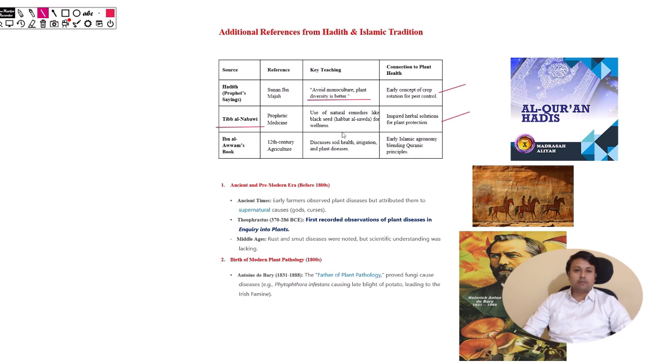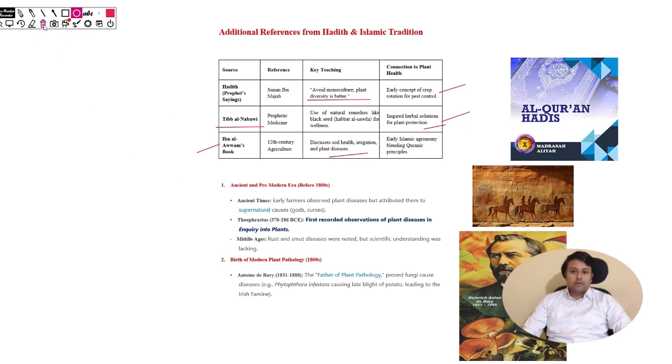For management, they also used natural remedies like black seed, inspired herbal solutions for plant protection, because at that time there were no chemicals. In another hadith, soil health and irrigation. Soil health is also important for management of soil-borne pathogens. So these are the important books which talk about plant pathology, and they recorded many diseases.